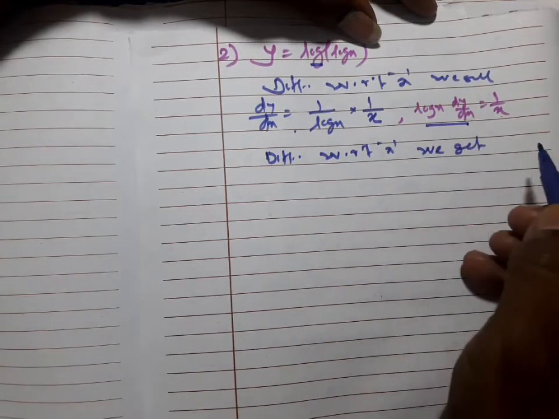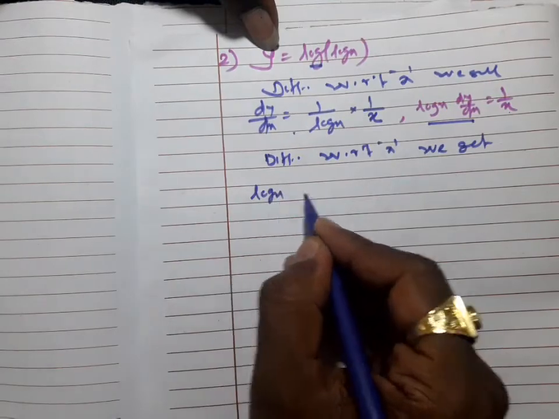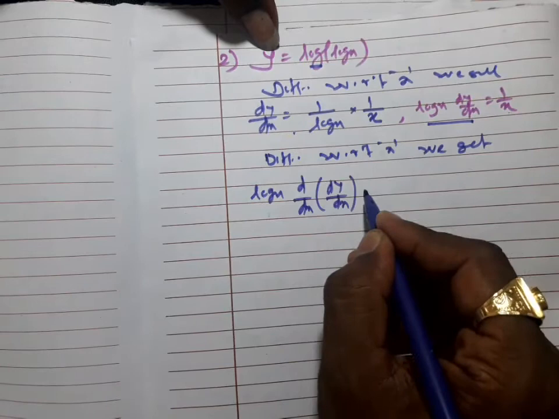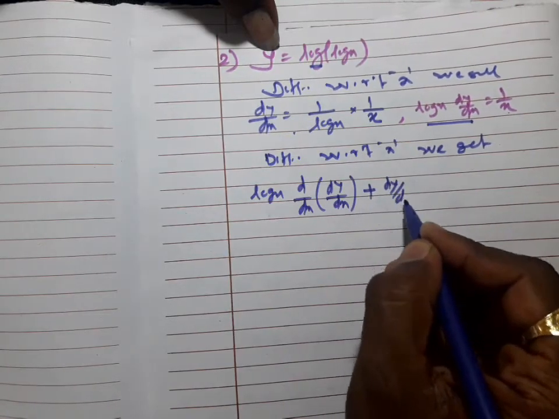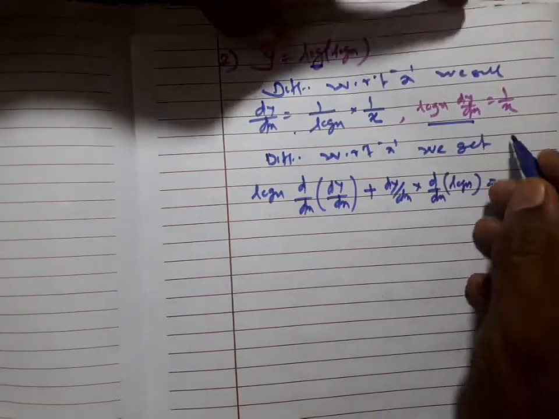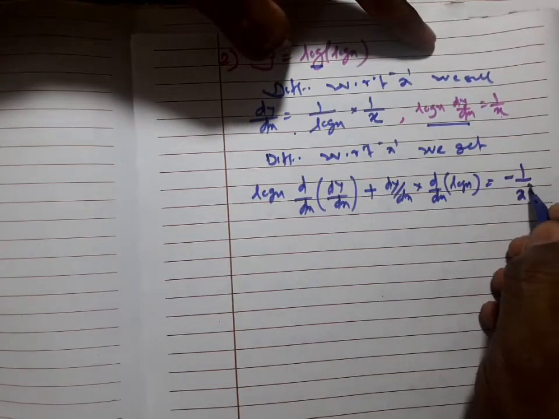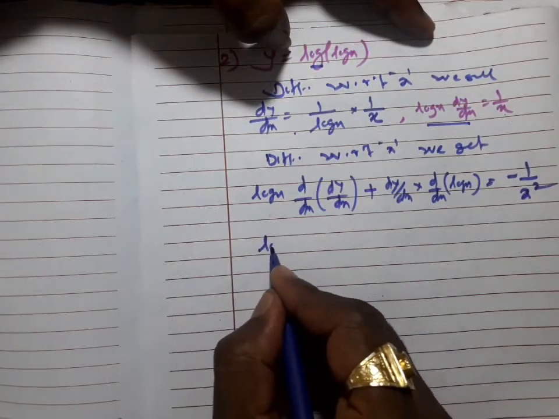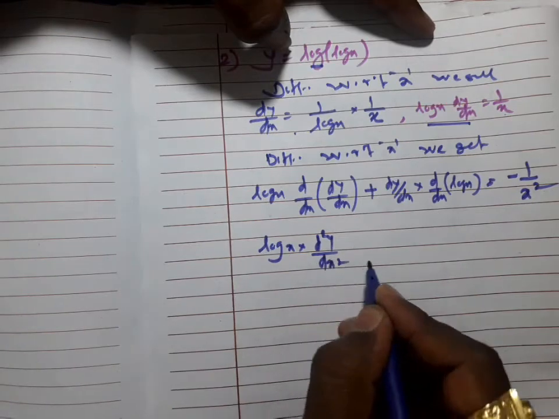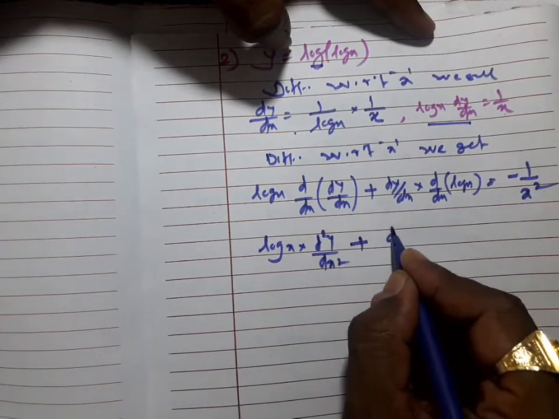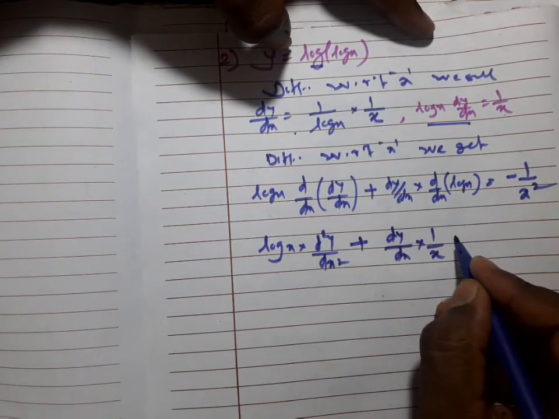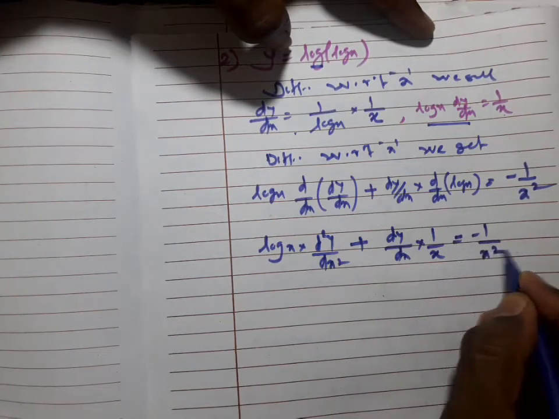Differentiate with respect to x, we get log x into d dx of dy by dx plus dy by dx into d dx of log x, and this is the derivative of 1 upon x, which is minus 1 upon x square. So it is log x into d2y by dx square plus dy by dx into 1 upon x is equal to minus 1 upon x square.